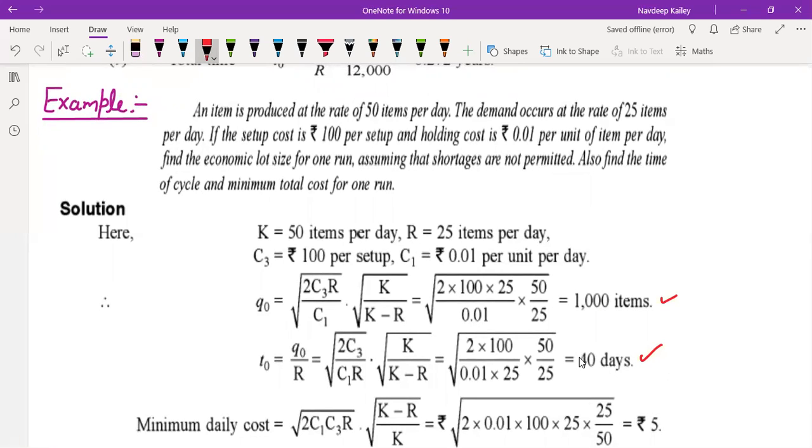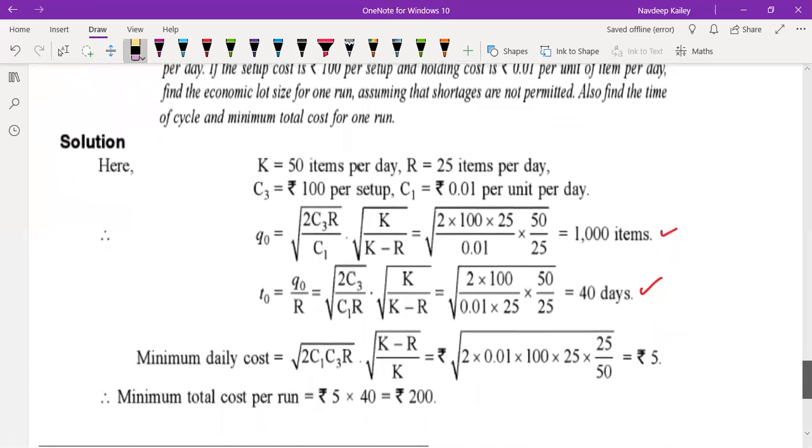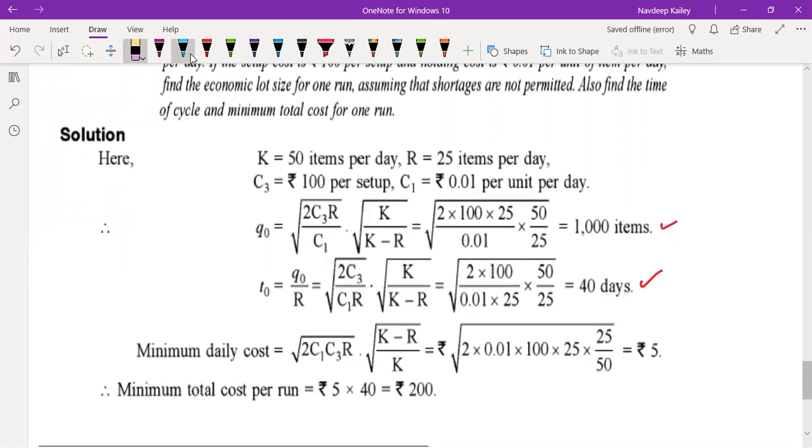Also, we have to calculate minimum daily cost. The formula for minimum daily cost is this. And after putting all the values, we get the minimum daily cost as rupees 5.